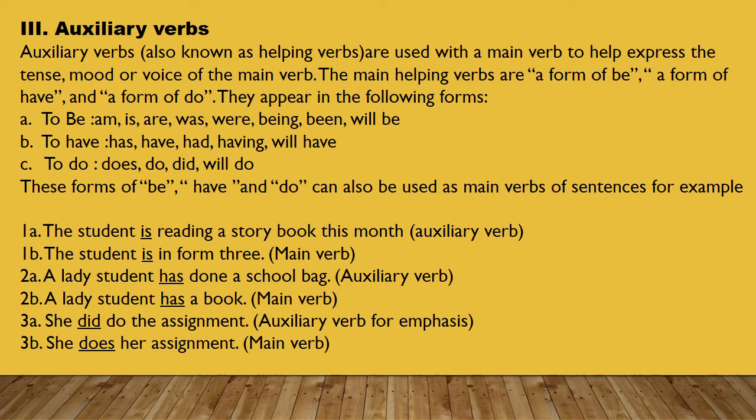Auxiliary verbs, also known as helping verbs, are used with a main verb to help express the tense, mood, or voice of the main verb. The main helping verbs are a form of be, a form of have, a form of do.